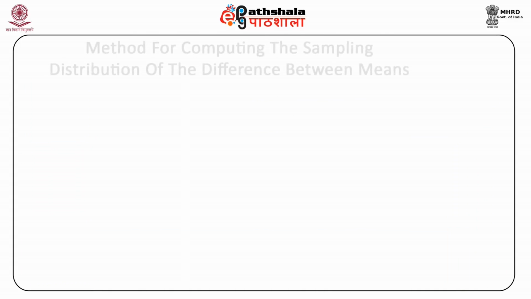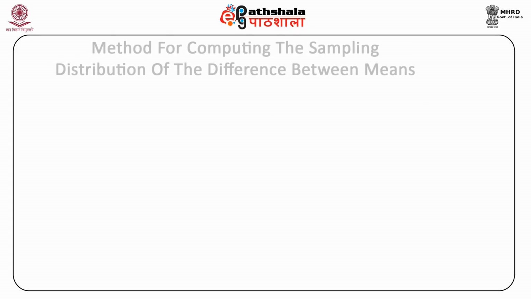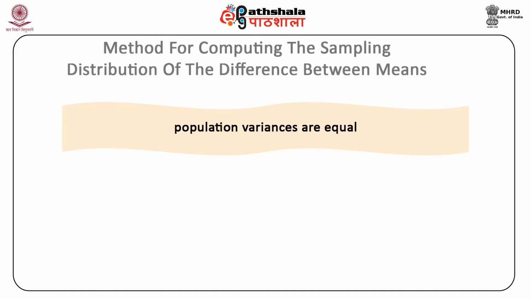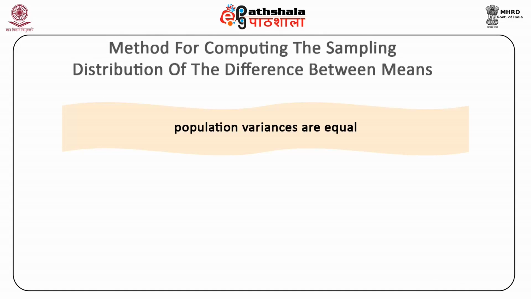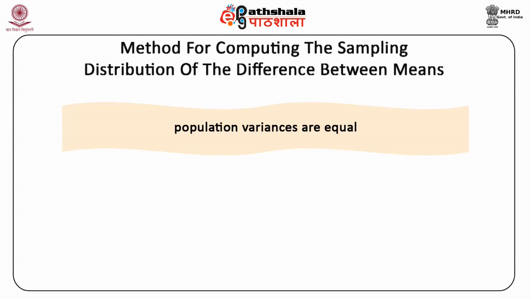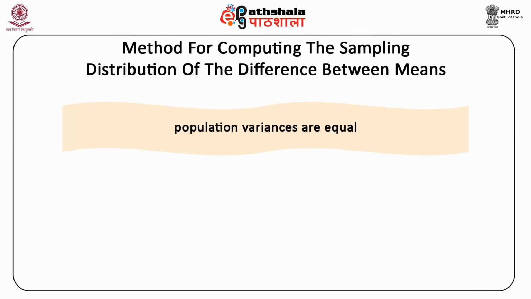When we can assume that the population variances are equal, we use the formula to calculate the standard error. In other words, when the two population variances are equal, then there is some variance sigma square common to both populations.